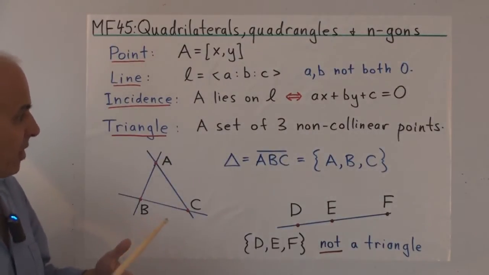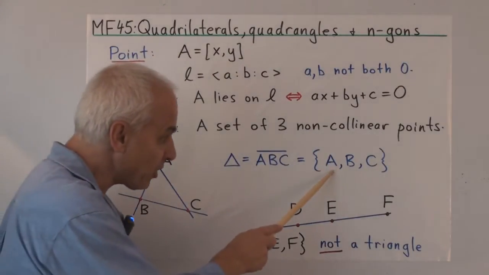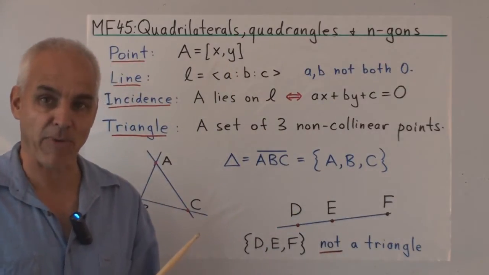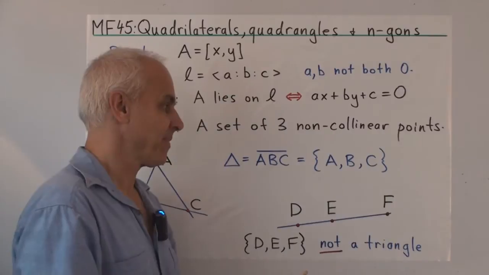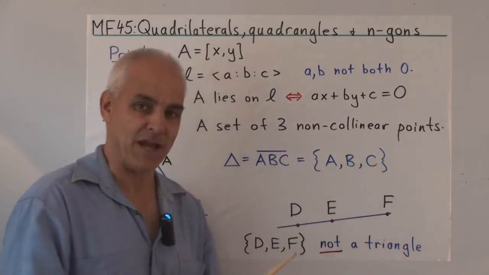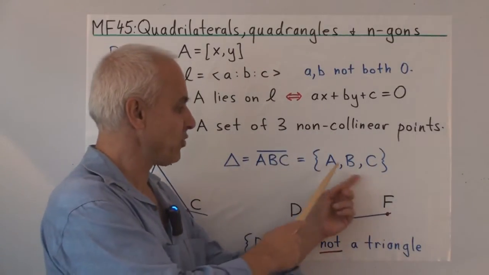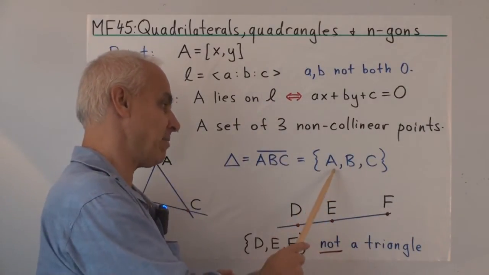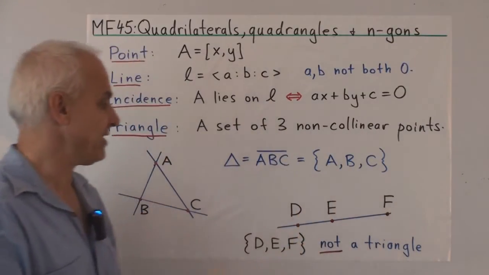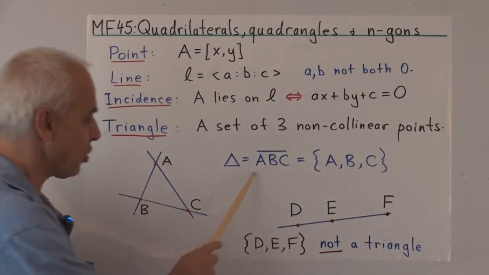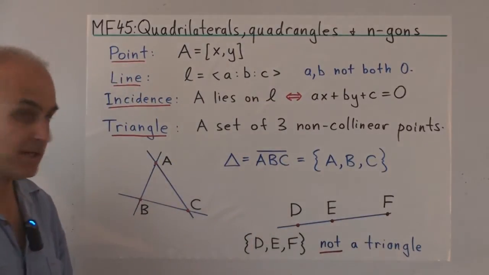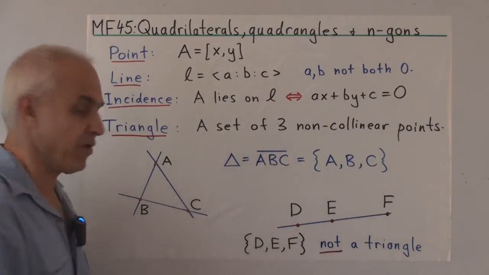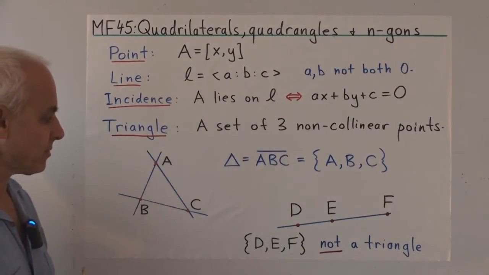So if you want to look at it more carefully, each one of these points would actually be an ordered pair enclosed in square brackets just like that. And I remind you that the set notation means that the order in which we write these 3 points doesn't matter. So this set is also the same as the set BCA or BAC. And here's our notation for the triangle ABC, just the 3 points with a bar over it to denote the triangle.